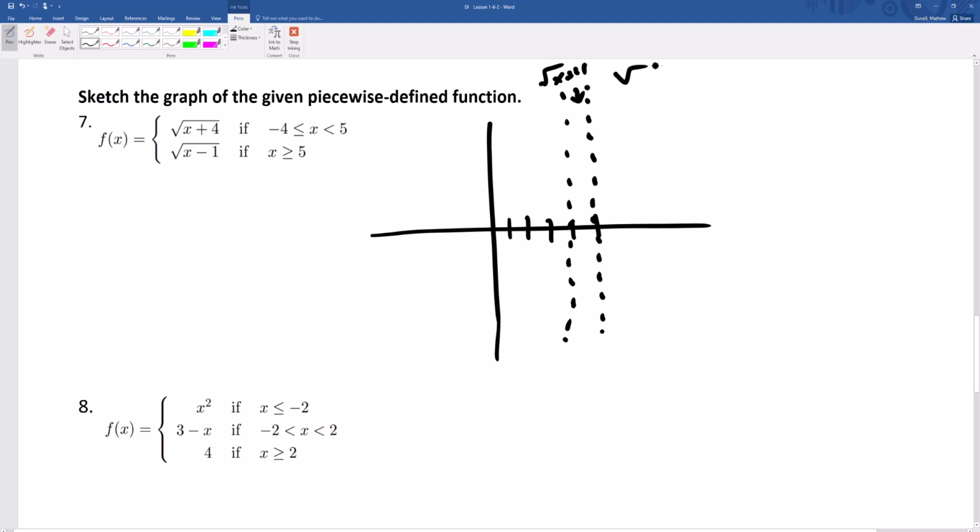And then this is the square root of x minus 1. So for your xy table, it might help just a little bit. So you're going to pick negative, oh, it's negative 4. Whoops, I read that as positive 4. So ignore that. I can erase.